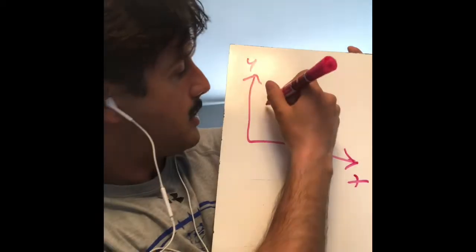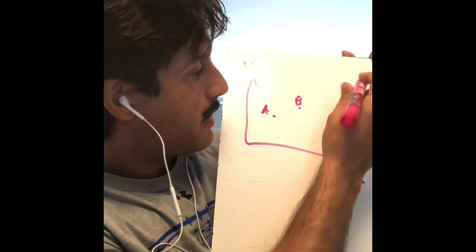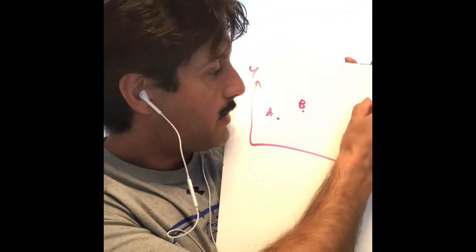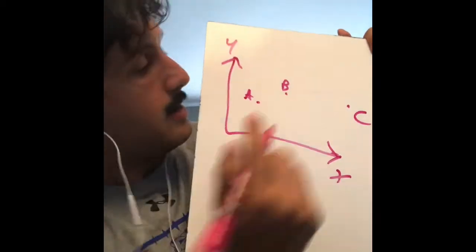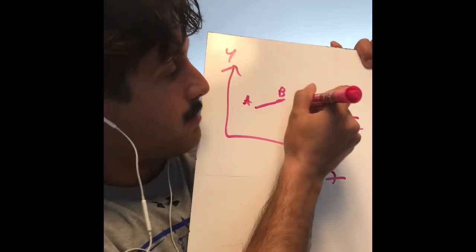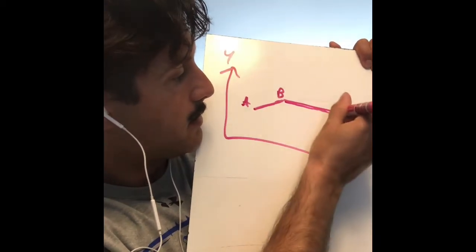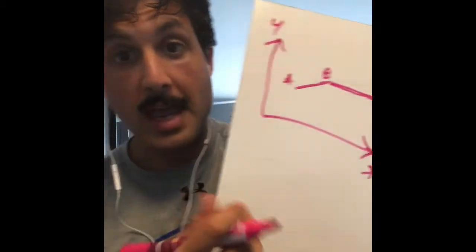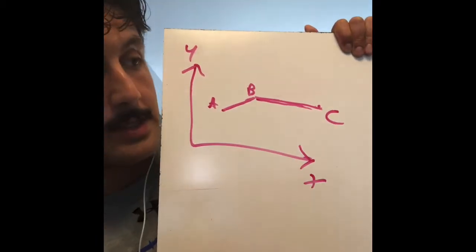This is going to be A, and this is going to be B, and say there's another point C. So you've got A, B, and C. The idea is if this slope right here is the same as BC, this slope right here, they'd be on the same line. As you can see, AB has a different slope than BC, so they will not be on the line.